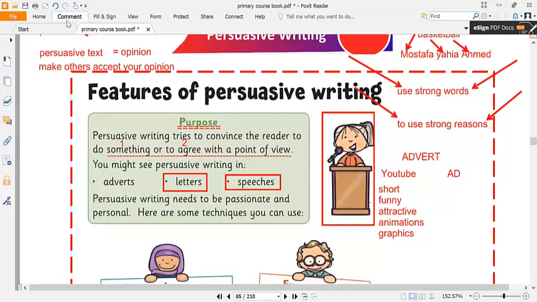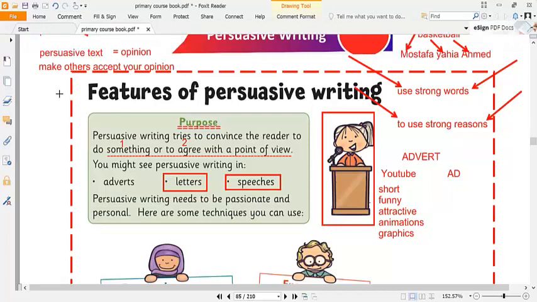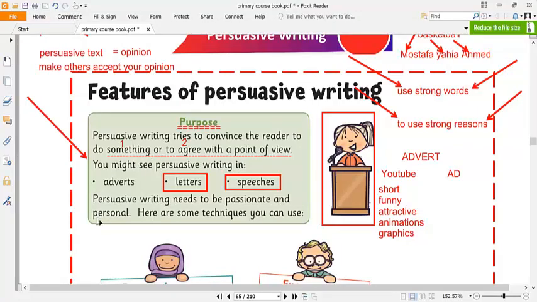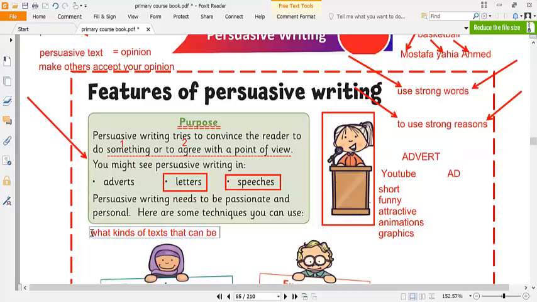So the question again: what are the types of persuasive writing? What type of text can we find persuasive? What kinds of text can be persuasive? Okay, who will answer?